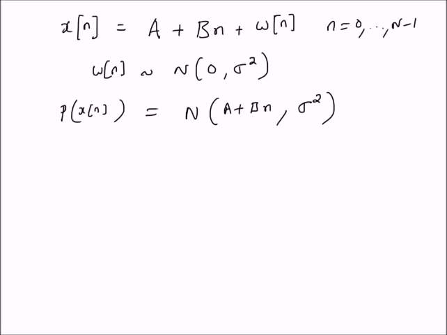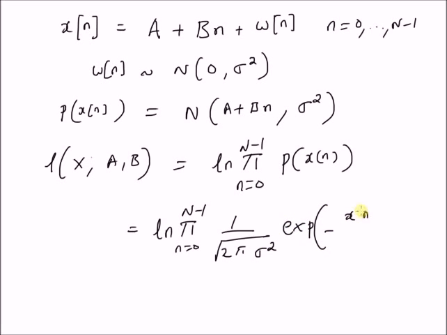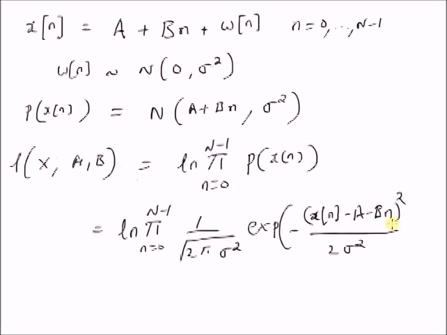Therefore, the log likelihood function L of x with the parameters a and b is given by the logarithm of the product n equal to 0 to N minus 1 of the probability distribution of x of n, which is equal to the logarithm of the product n equal to 0 to N minus 1 of 1 by square root of 2 pi sigma squared multiplied by exponential of minus x of n minus a minus b times n whole squared divided by 2 times sigma squared.